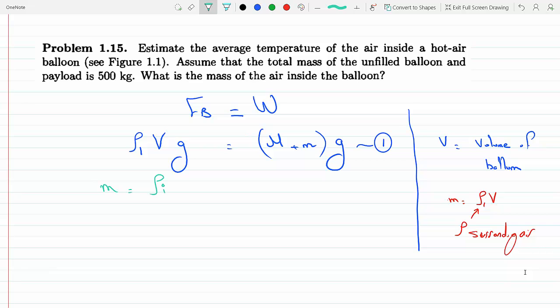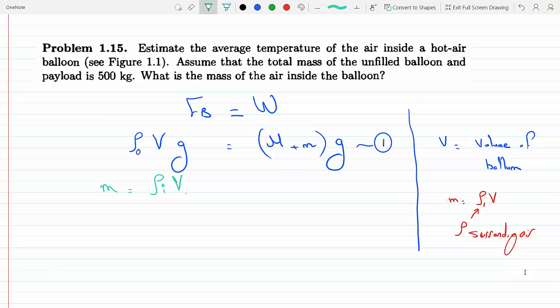I'm going to call it rho I, to distinguish it from the outside. Actually, I'm going to call this rho O, meaning outside the balloon, and this is rho I, inside the balloon. So rho I times the volume of the balloon will give me the mass of the air inside the balloon.